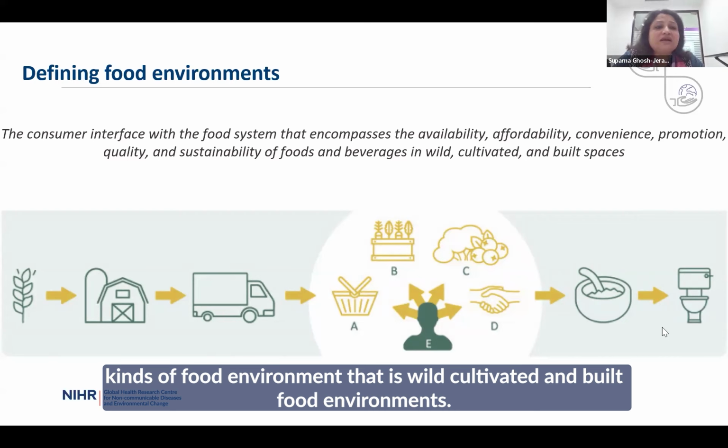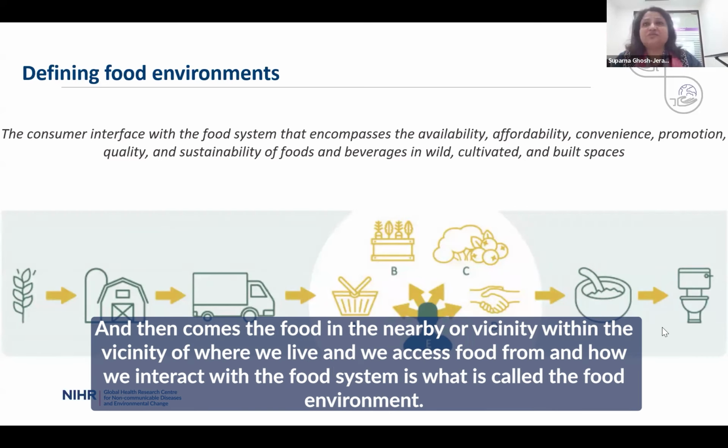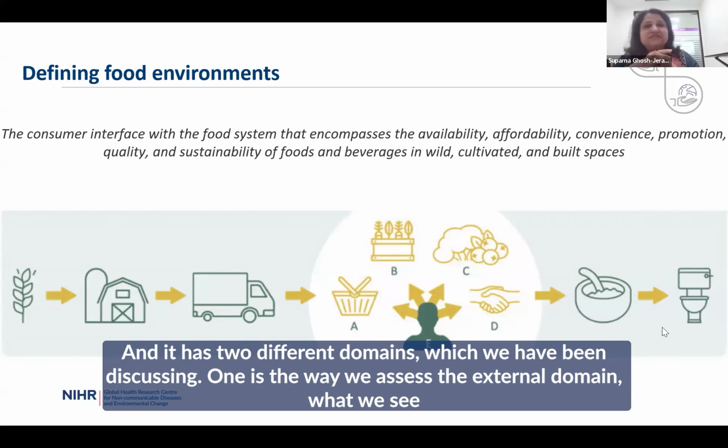And when we move across the food system, like the first one is production, then retail, then transport, and then comes the food within the vicinity of where we live and we access food from, and how we interact with the food system is what is called the food environment. And it has two different domains, which we have been discussing.